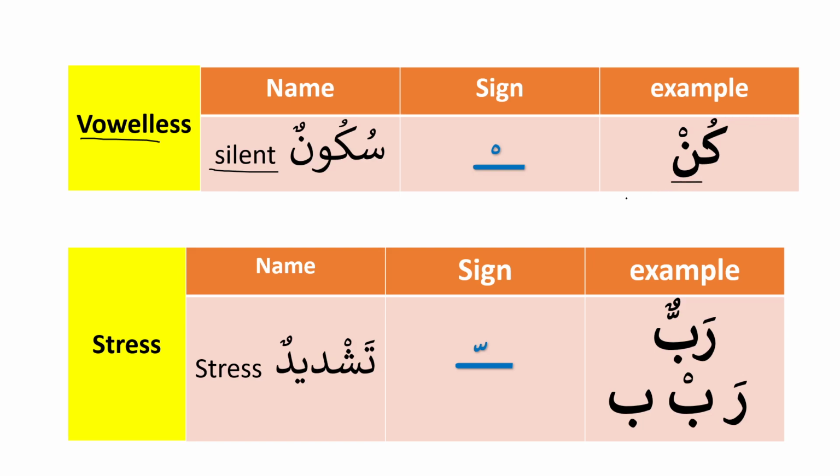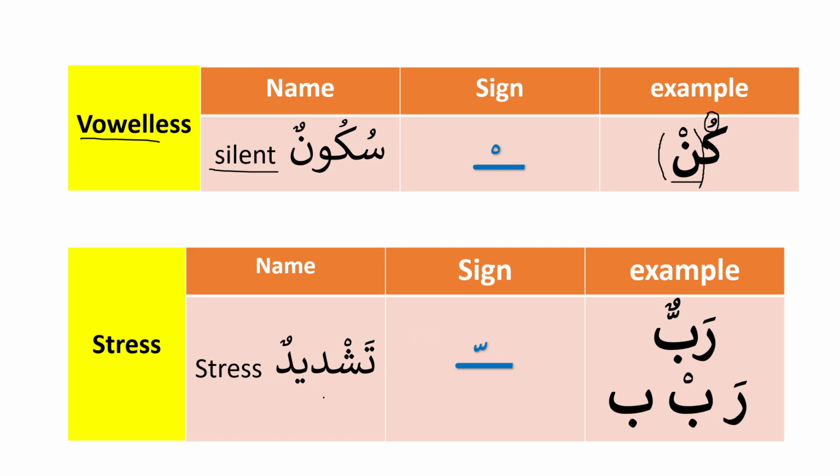The vowel signs, like fatha, damma and kasra, dammatan, fathatan and kasratan, are mutaharrik. But this is sakin. Sakin means it does not have any vowel sign on it. For example, ka has damma, so we will say this is mutaharrik. But noon doesn't have any vowel sign on it, so we will say this is sakin.